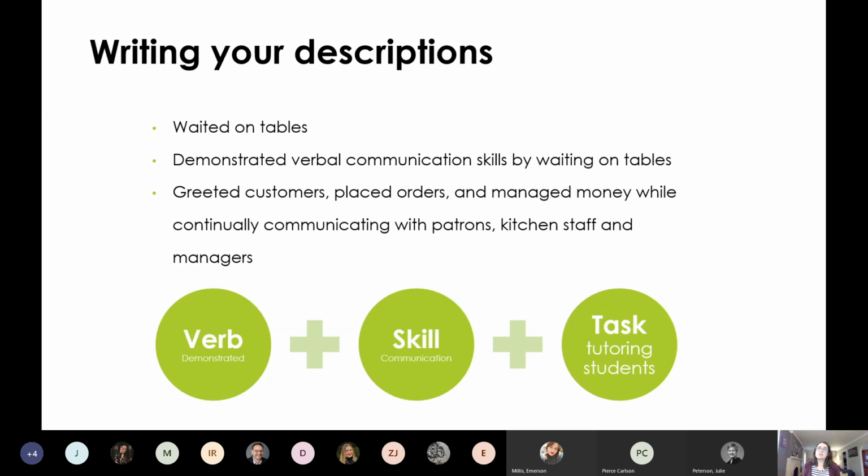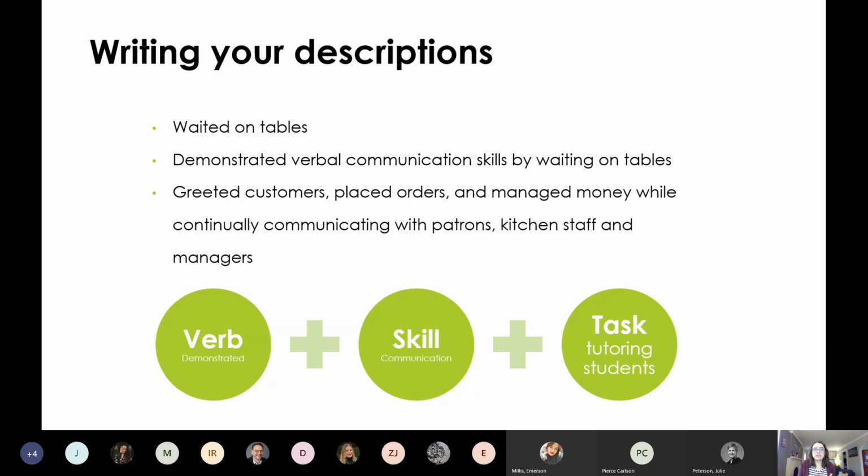So writing your descriptions, you may not have that freelance work that example showed, and that's okay. Most of us start out with jobs that we got in high school. My first job was scooping ice cream. So if I was writing a resume right after high school, that's what I would have worked with. I see food service a lot from people. So starting with writing those bullets underneath that job, waited on tables.